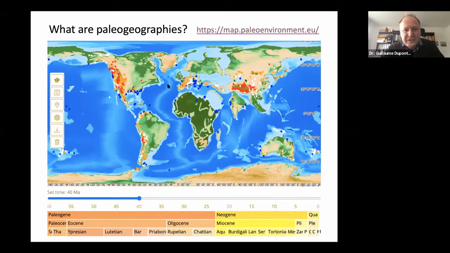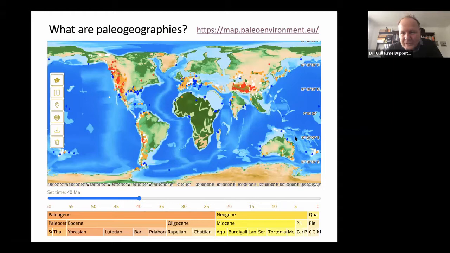Here, you can go in the past. It takes a little bit of time. It's just to give you an idea. So you can see the plates. The plates are moving a little bit. I'm now at 4 million years in the past. And for some of the time intervals, we also have reconstructions where we did the topography and the mountains and the seas. It takes a little bit of time to load because this is still under construction.